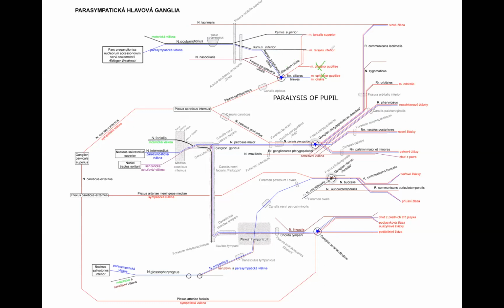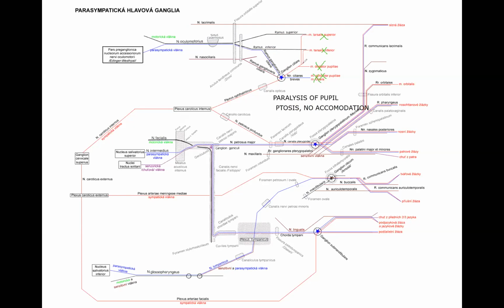Of course, there can be a problem with the closure of the eye, as you can write, but the problem with the tarsal muscle, so there will be ptosis. Yeah? So not only paralysis, but there will be ptosis, which is not so problematic for the patient. What is problematic? The patient has a paralysis of the pupil, not able to perform miosis or mydriasis, and there will be problems with the ciliary muscle, so no accommodation of the lens.